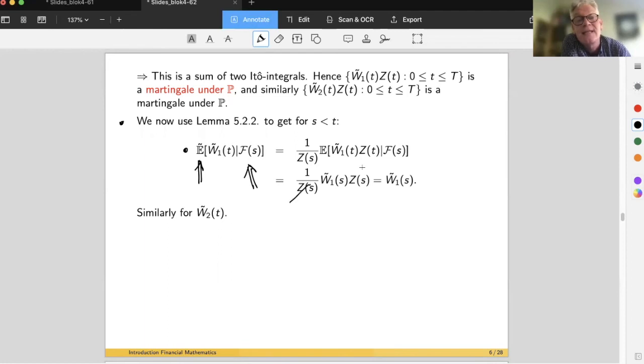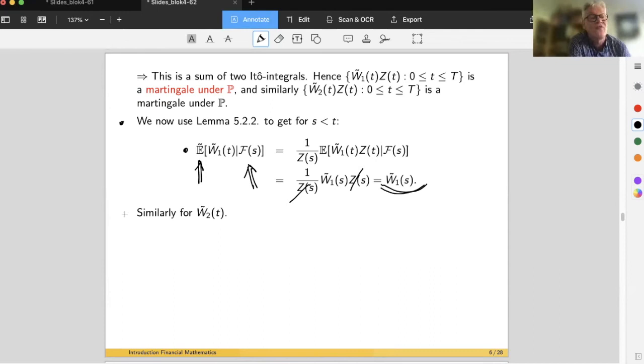Then the Z_s cancels out, and what remains is that in fact we see that this is a martingale under the tilde measure, because the expectation under P tilde of W tilde_1t, given the filtration up to time s, is in fact W tilde_1s.